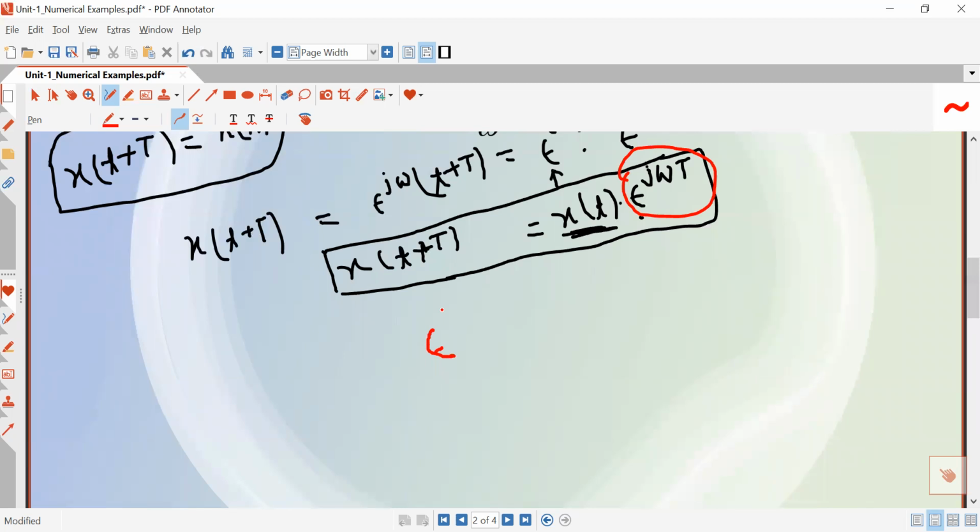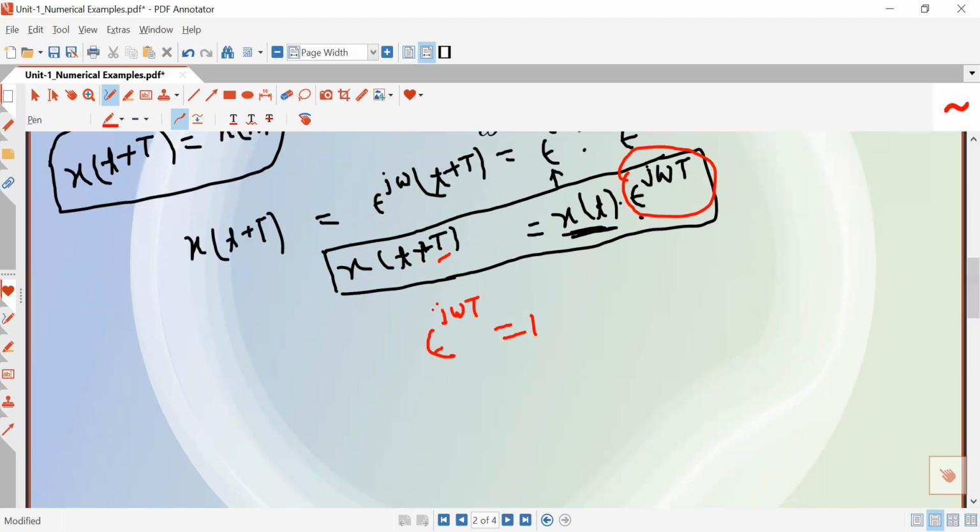When e to the power j omega T is equal to 1, under this condition you can say x(t plus T) will be equal to x(t), and the signal x(t) will be a periodic signal and its fundamental time period will be T.